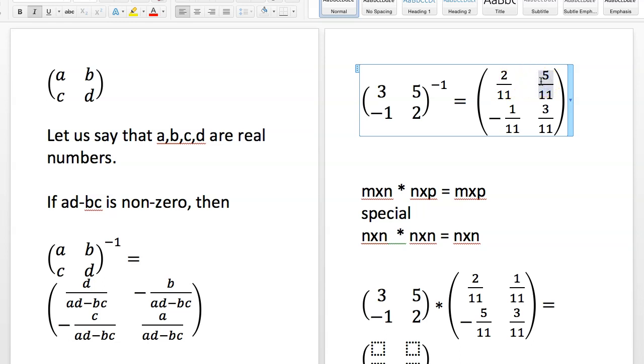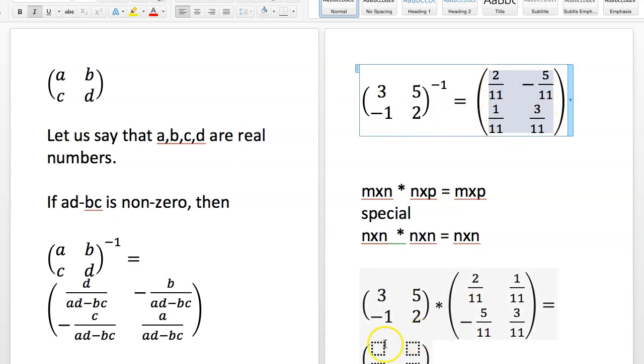The formula is d, negative b, negative c, a. I said it right in the abstract, but I was very bad here. If you negate 5, you get negative 5. If you negate negative 1, you get positive 1. Now these, you just switch them.